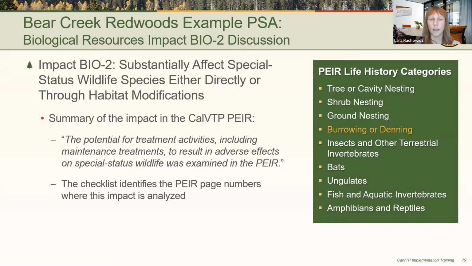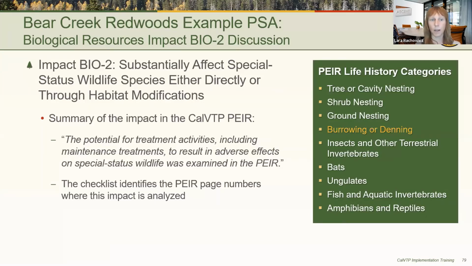It was assumed that life history traits such as breeding ecology and preferred habitat predict potential impact mechanisms. For example, loss of trees or cavity habitat as a result of treatment activities would likely result in similar impacts for all tree nesting and cavity nesting species, including tree nesting birds, as well as some mammals such as fisher or ringtail.